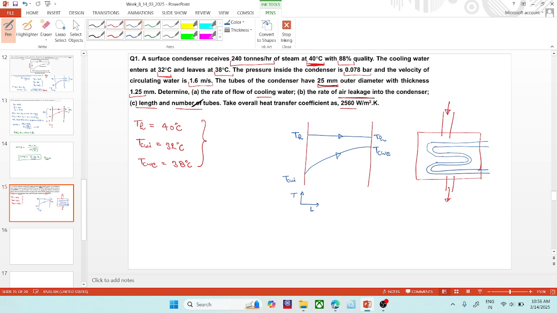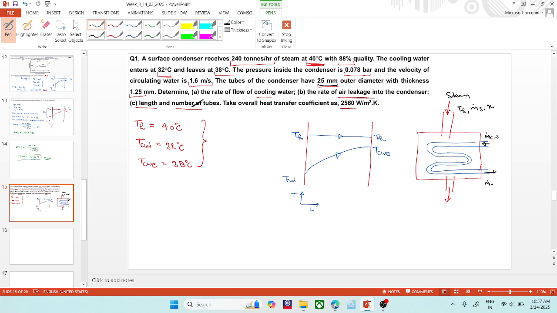Let me put the symbols here. So from here, the steam is entering, at the temperature TH, mass flow rate m dot s, and having the quality of x. From here, the cooling water is entering, and from here, the cooling water is exiting. Okay. So this is the mass flow rate of cooling water, m dot CW.